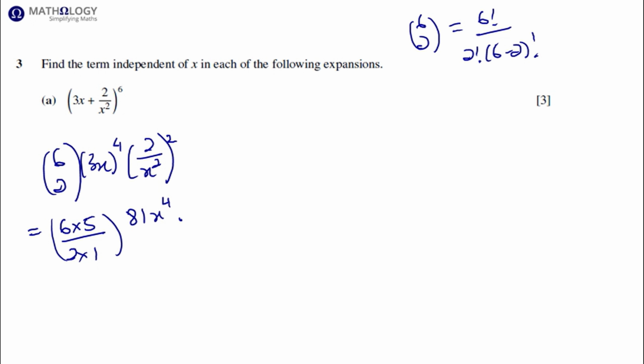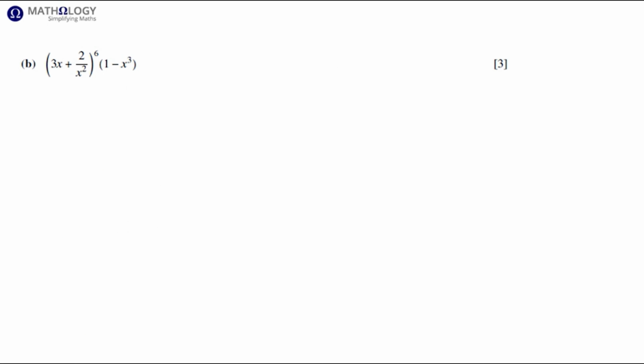And then we'll have 2 over x squared all squared, so it'll be 4 over x to the 4. Those terms cancel. That's 30 divided by 2. It's 15 times 81 times 4, and that equals 60 times 81, which is 4,860.